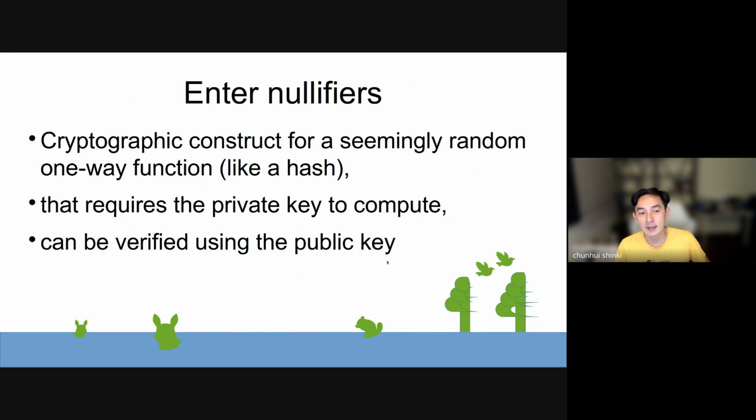And with the public key, you will be able to verify the nullifier, right? You cannot create the nullifier with the public key. It has to be calculated with the private key, but it can be verified with the public key. So these are the properties that we use in a nullifier in order to achieve what we need to do.